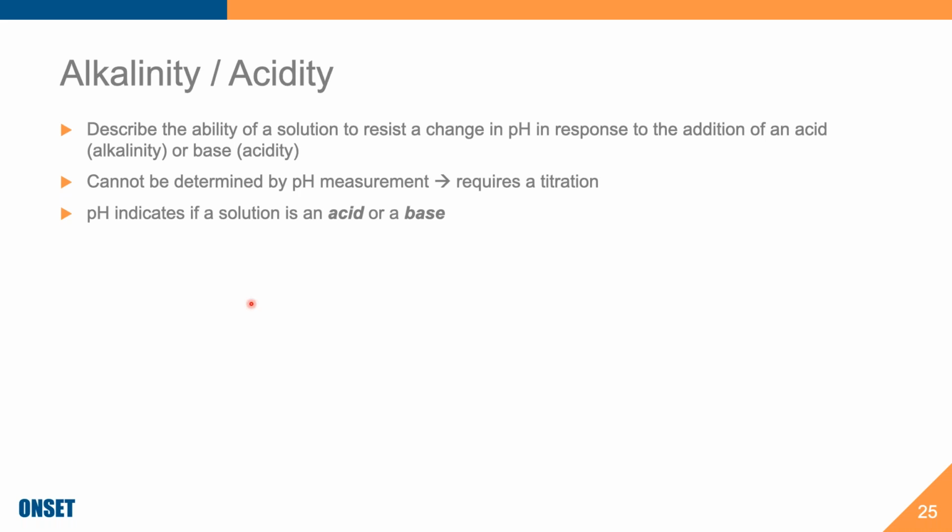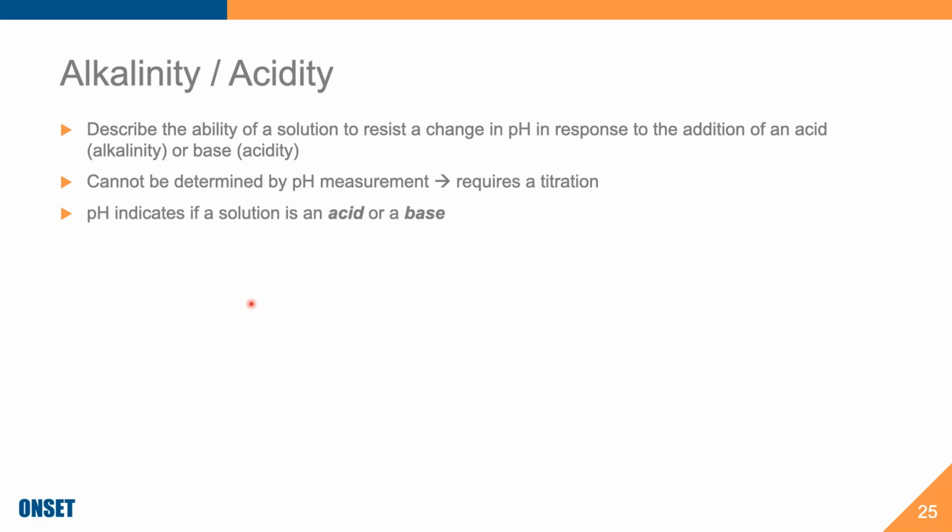So alkalinity and acidity describe the ability of a solution to resist a change in pH in response to either the addition of an acid or a base. So when you have a base and you're adding an acid to it, how quickly the pH changes is described as alkalinity. When you have an acid and you're adding a base to it, how quickly it changes is acidity.